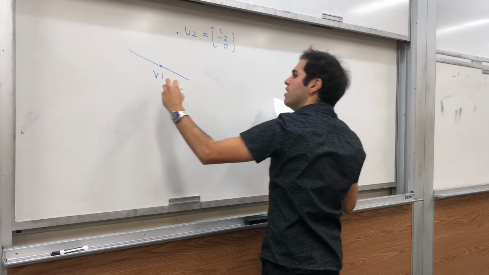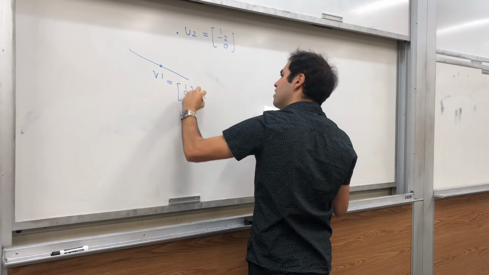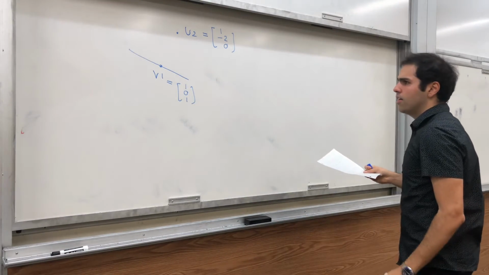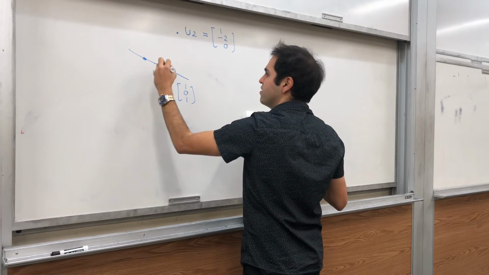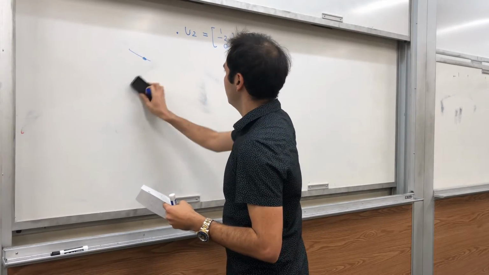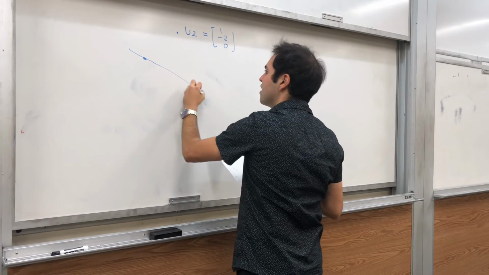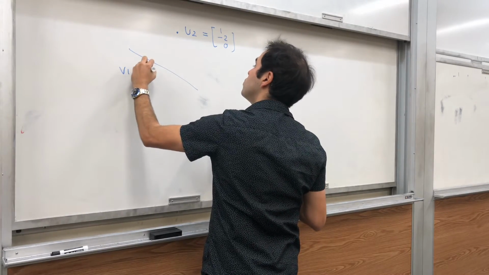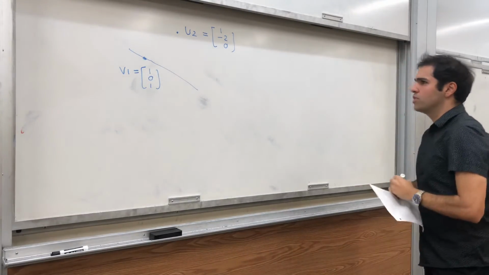And V1 is, again, 1, 0, 1. And maybe let me draw it here, so this is more suggestive. So this is V1, and this is U2.